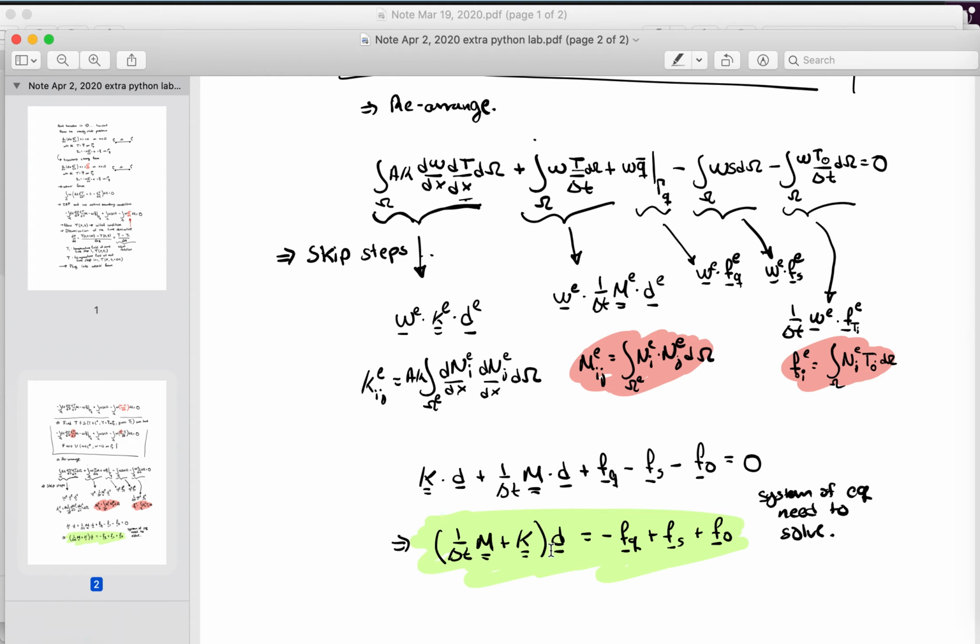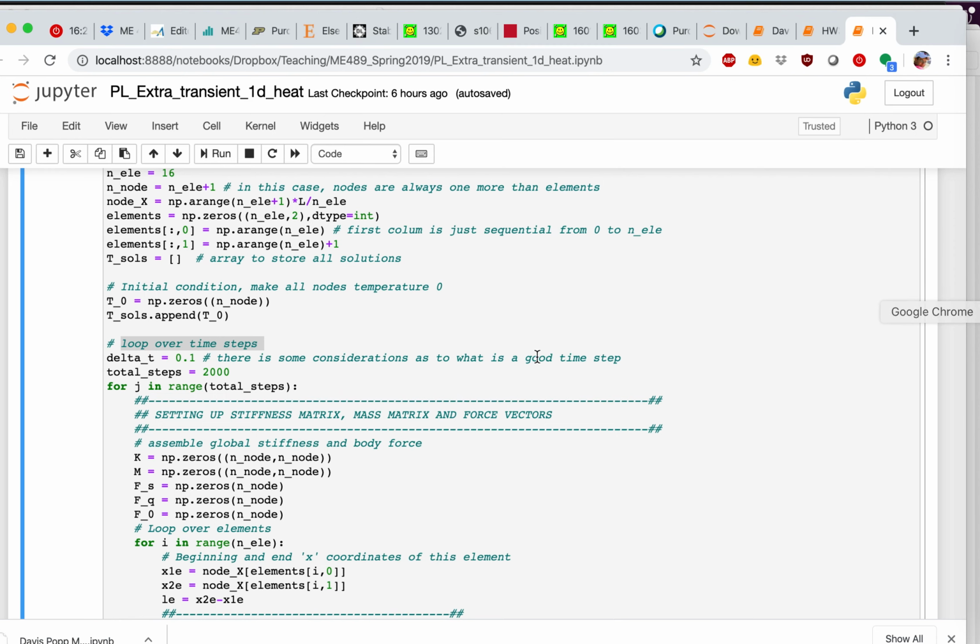Then this is gonna become the temperature field at the previous time step, so it goes into this term, and then I solve for the next time step, and so on. So I need to have a loop over time. As I say, the initial temperature is just zeros, and then I loop over time. Here I have 2000 time steps, 0.1 seconds.